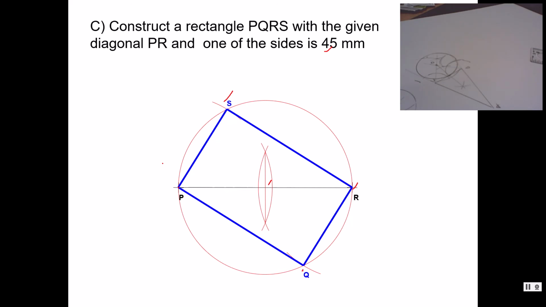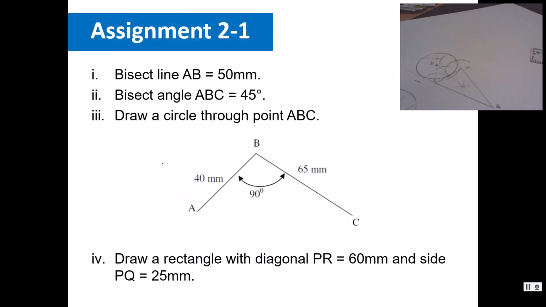This is a very fundamental, basic skill of drawing, construction of geometry, before you can proceed with more complex drawing. So I also give you an assignment for lab 2. This is the assignment, so just follow this and don't forget to submit a hard copy to me next week.